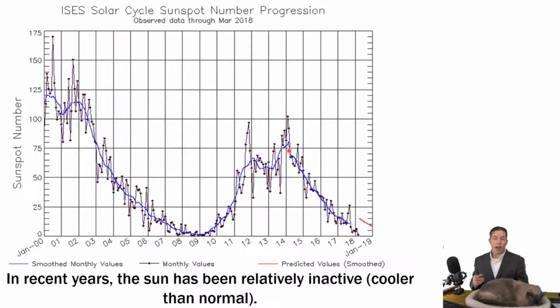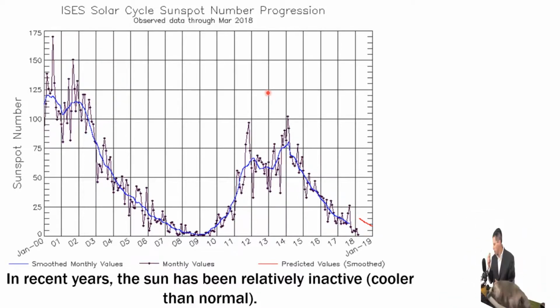So we have actually had a relatively inactive sunspot cycle this past cycle. It's supposed to be up here. We had fewer sunspots than we're supposed to. So the sun is actually cooler than it's supposed to be. So the argument that sunspots are somehow making the climate warmer is exactly backwards. The amount of sunspots we have is lower than it should be. So if the sunspots were back up where they ought to be, we ought to see a climate that's even warmer than we have today.